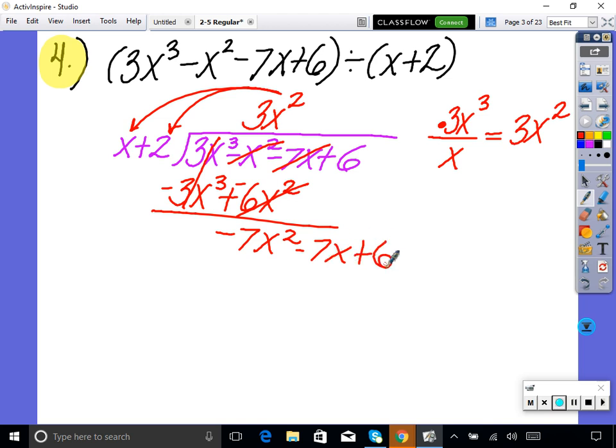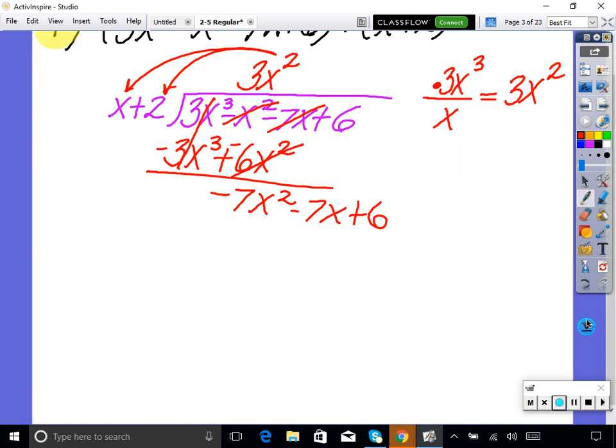And now that's the new thing under my house, and we just start the process over. I go off to the side. Do a little bullet point, dividing the leading terms. Negative 7x squared divided by leading term x is negative 7x, right? That's part of my answer then, negative 7x.